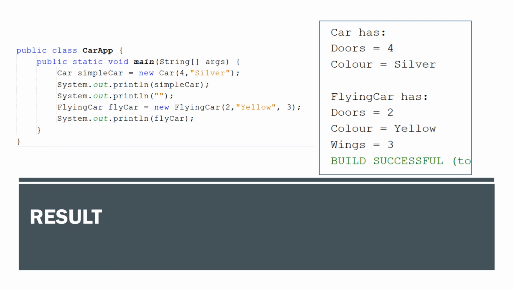It will print the car has doors equals 4, color equals silver. That was the simple car. And then flying car has doors equals 2, color equals yellow, and wings equals 3. So that is the inherited object or the extended object, child.